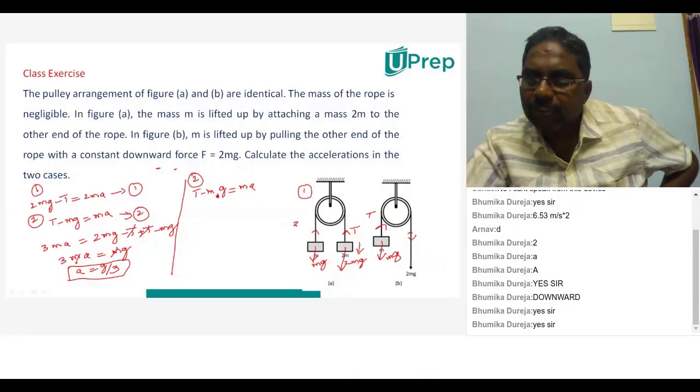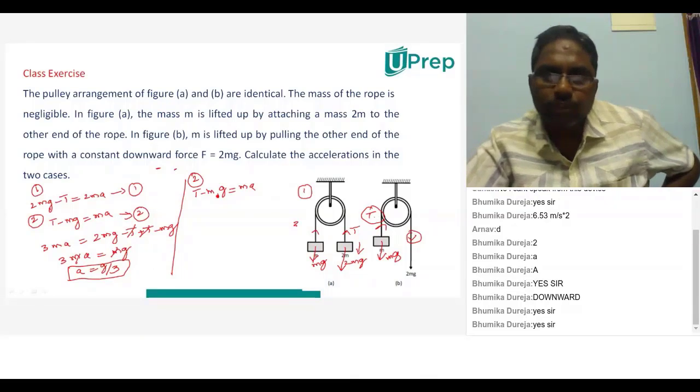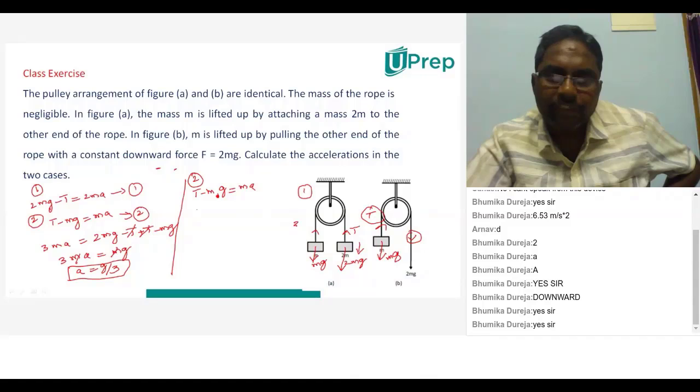The second object is not there. As you are applying the force, that force only will be the tension here. So T is 2mg, and I write T equals 2mg minus mg is equal to ma.